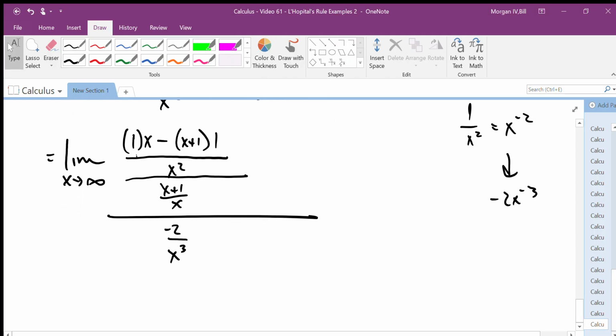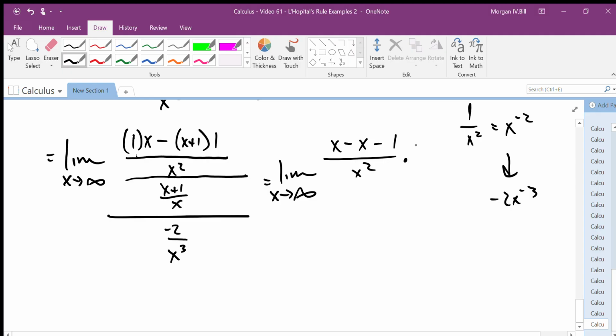So in my numerator of all numerators here, I have x minus x plus 1. So that would be the limit as x goes to infinity of negative 1 over x squared over x plus 1 over x.